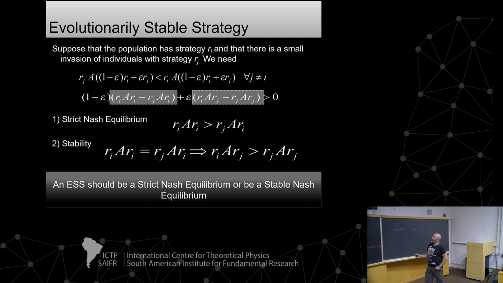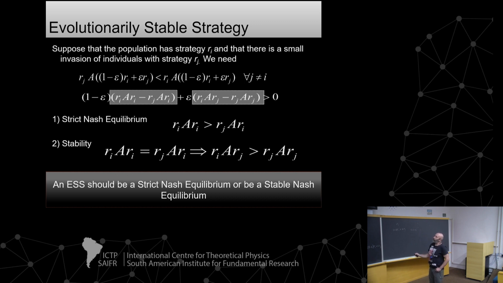So I need this whole expression to be greater than 0. Now, suppose that epsilon is really very small. If this is greater than 0, a condition for the whole expression to be greater than 0 is that, as epsilon is very small, I need this to be greater than 0. If this is greater than 0, as epsilon is very small, the whole expression will be greater than 0.